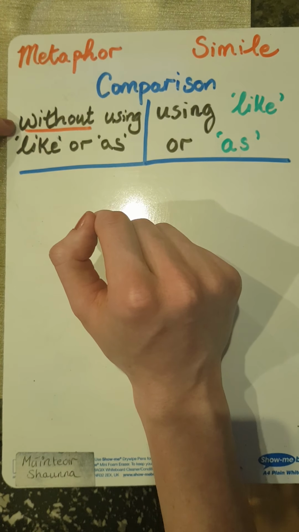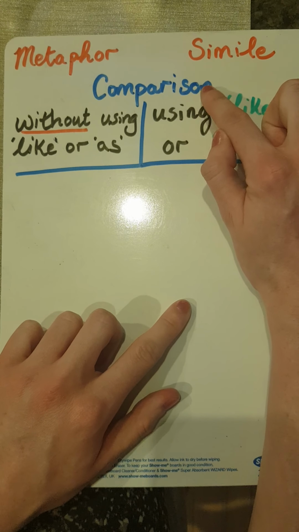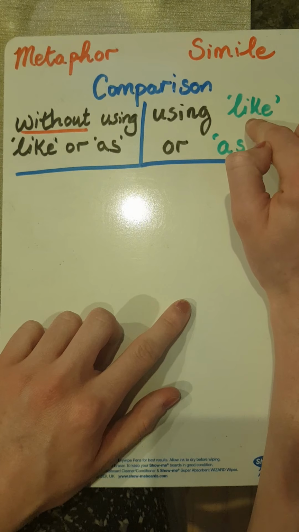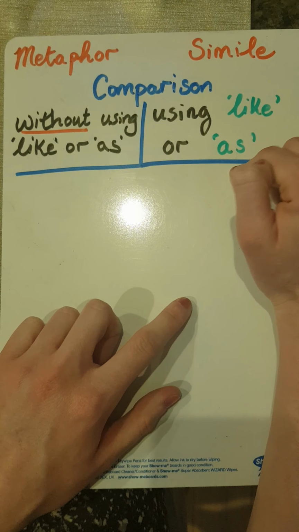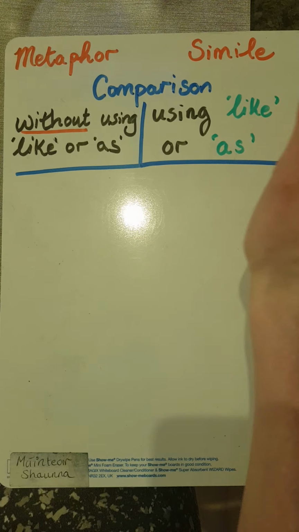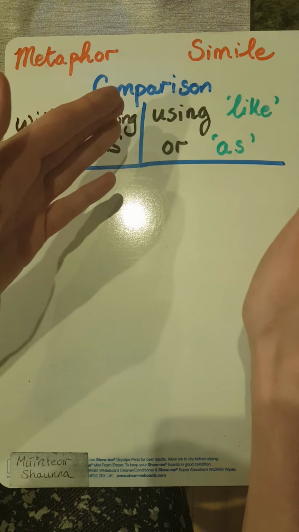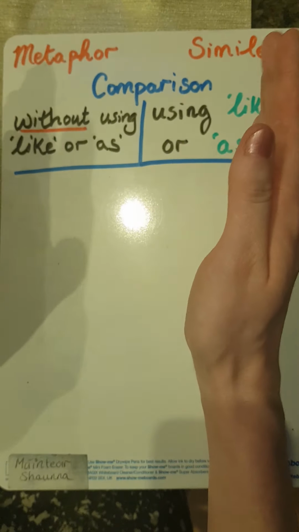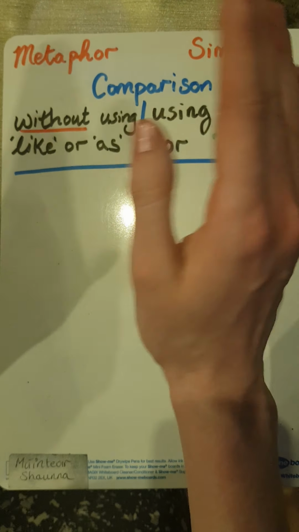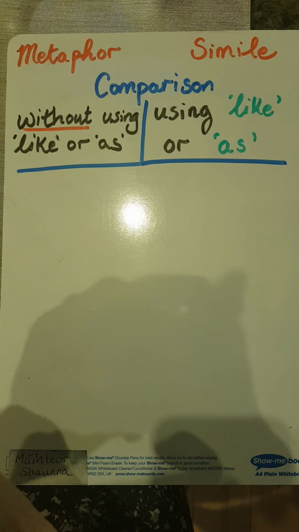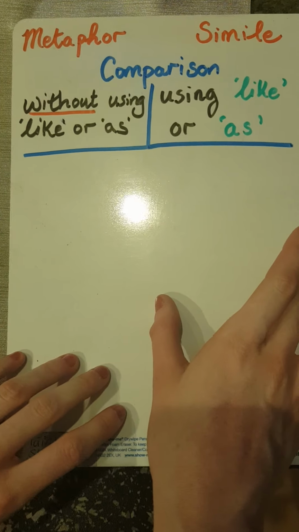A simile is when you compare something to something else by using the word like or as, right? So when I was in school, the way I learned it was simile is a comparison using like or as. Metaphor does not use like or as, right? And this is very important for you to know the difference between those two words, especially in secondary school, okay? When you're doing English essays, we'll have to use those words a lot, okay?